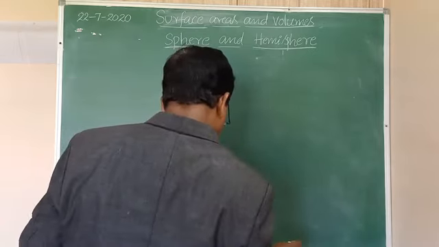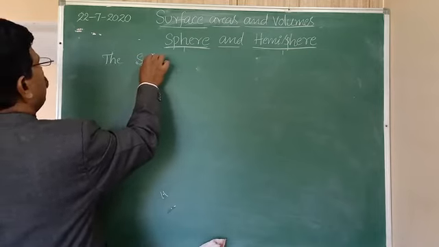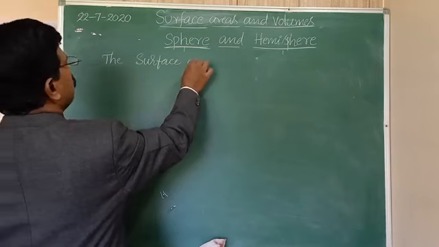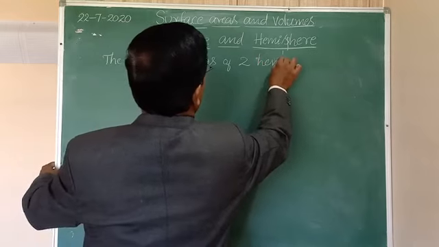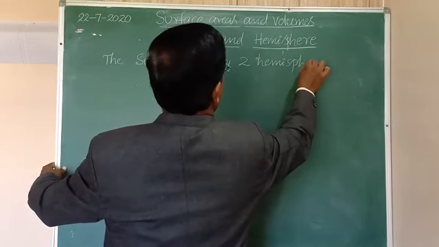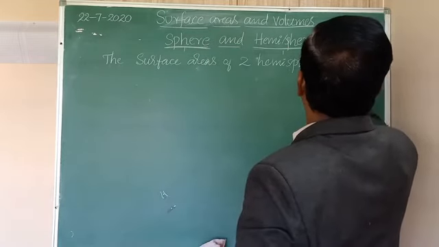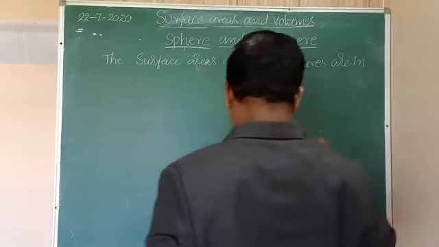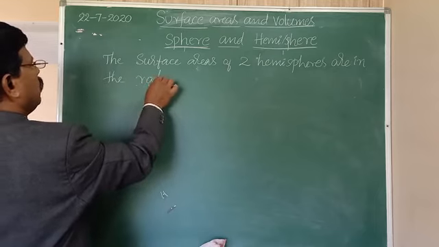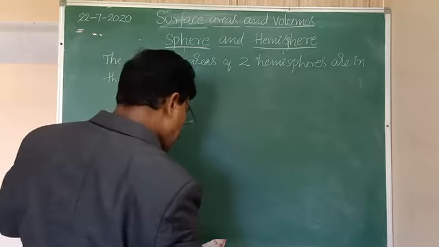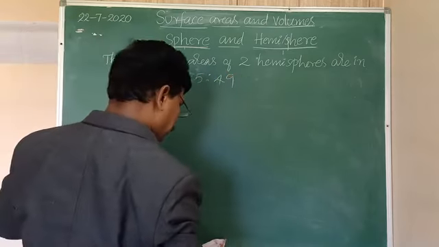The surface areas of two hemispheres are in the ratio 25 is to 49.